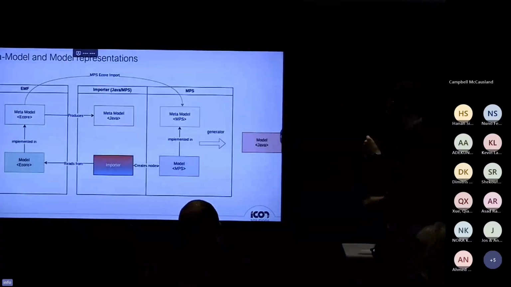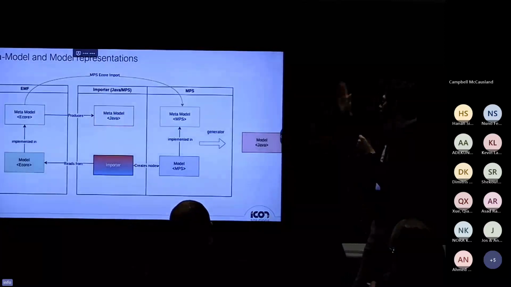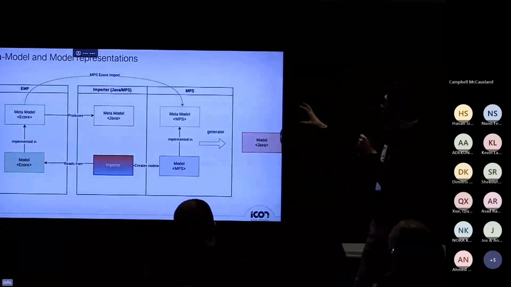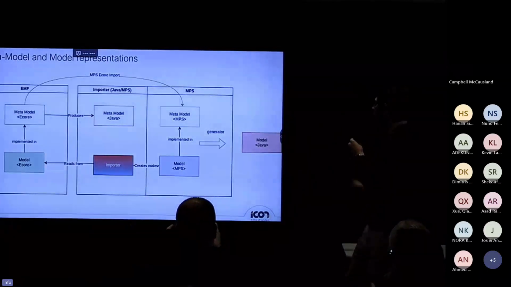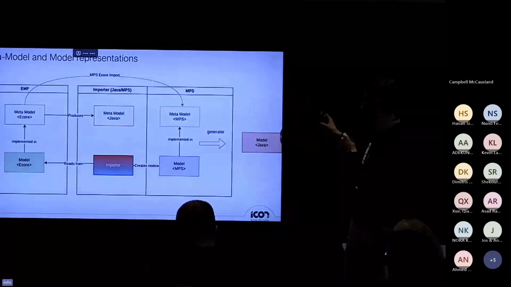It's probably a bit easier to see like this. So on the left-hand side, obviously we have the original EMF repository, and this gold arrow is the creation of the MPS equivalent language. That was done effectively automatically with a bit of cleanup.